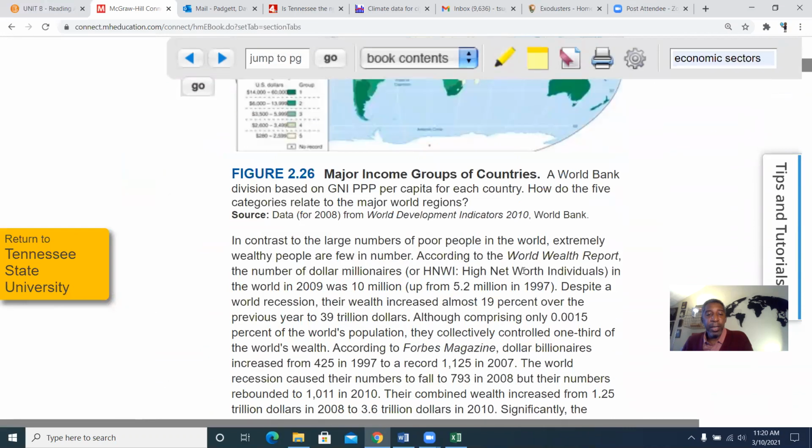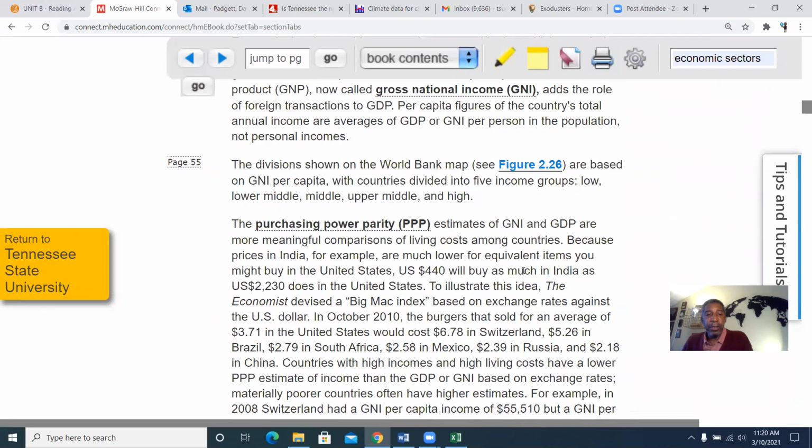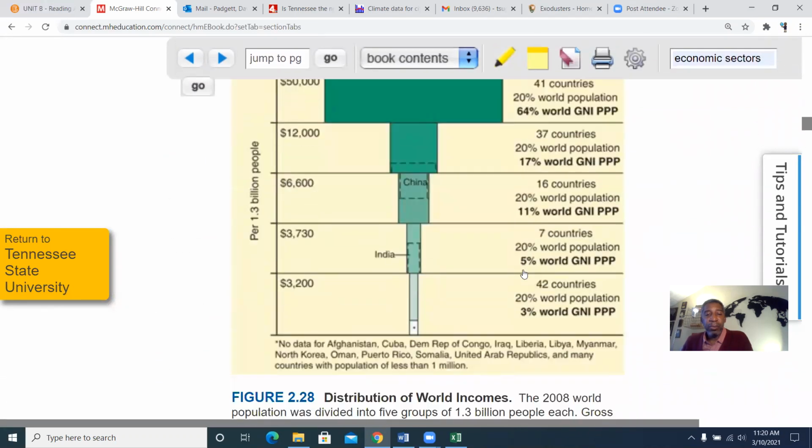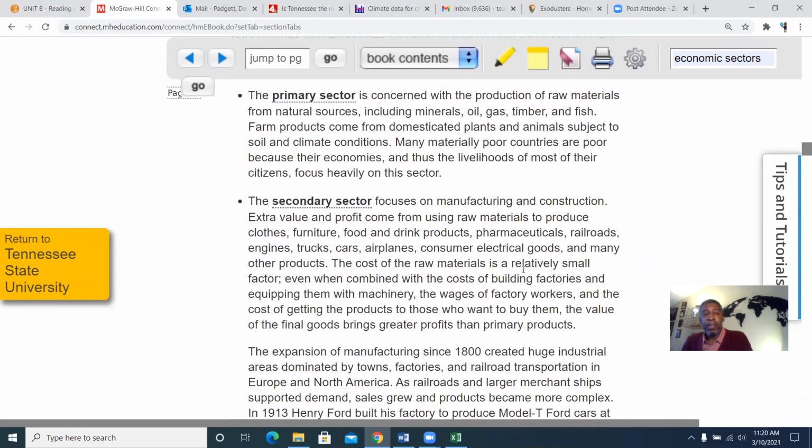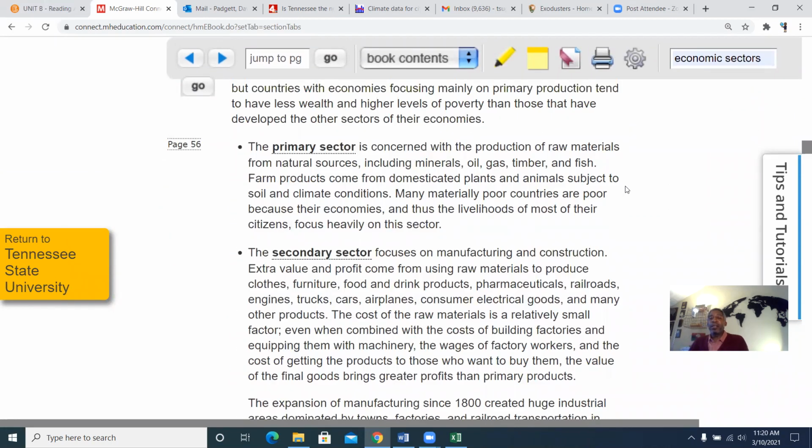If we go to page 56, we have the 4 economic sectors.